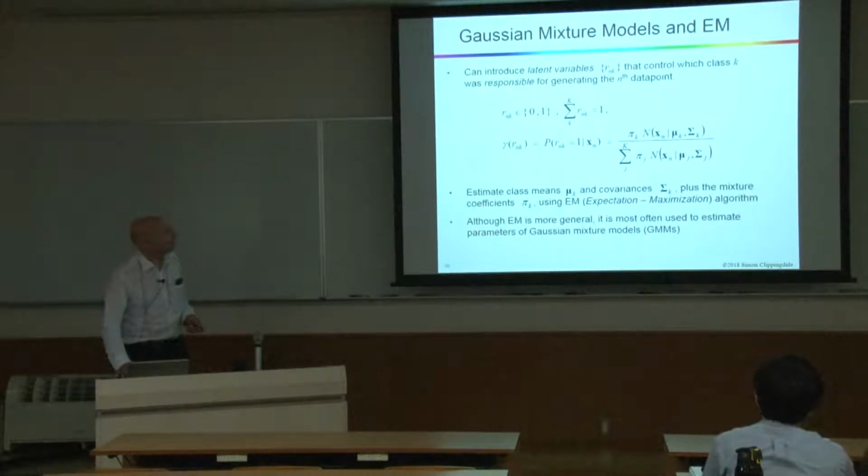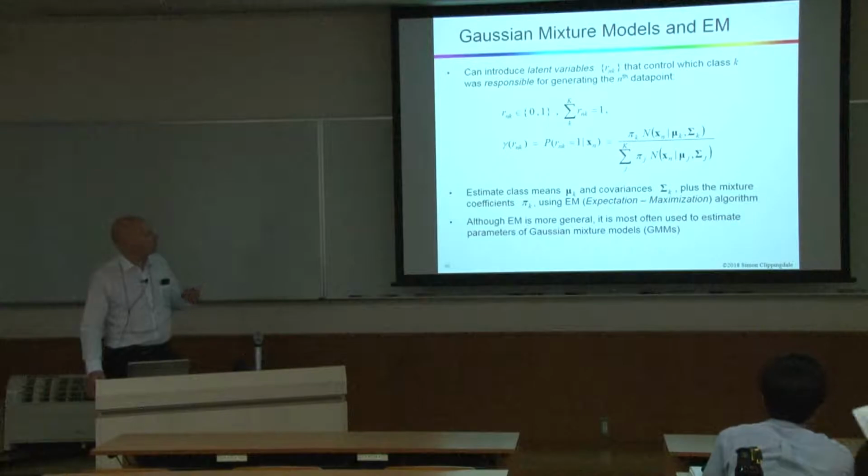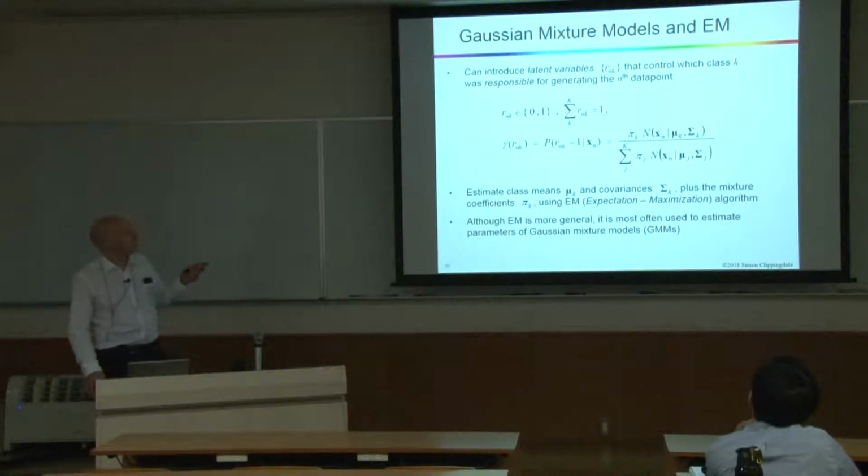So what we do in order to estimate class means and covariances is we introduce these latent variables that control which class was responsible for generating the nth data point. These are called responsibilities.